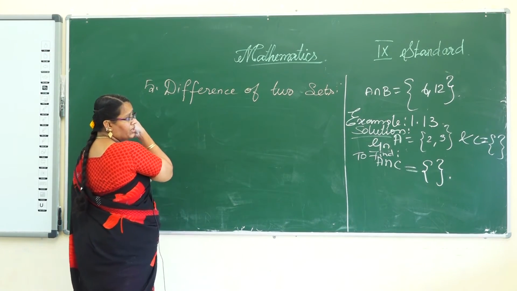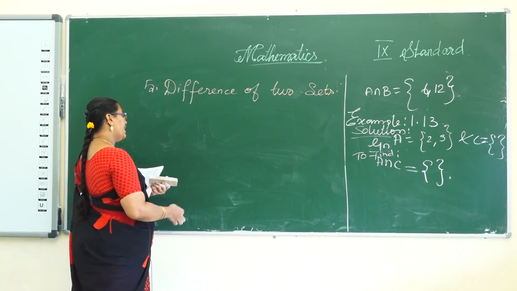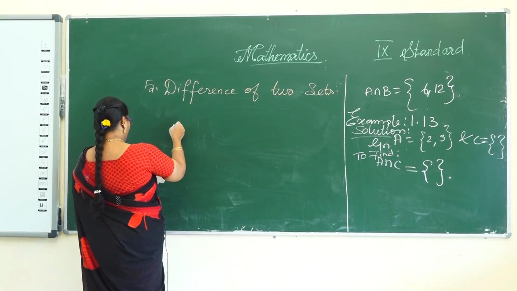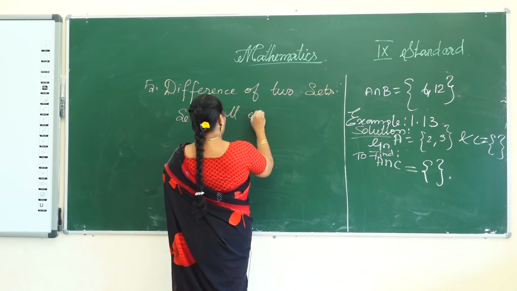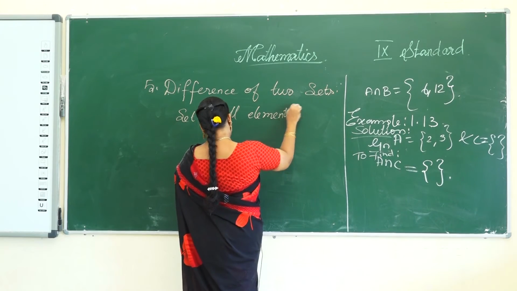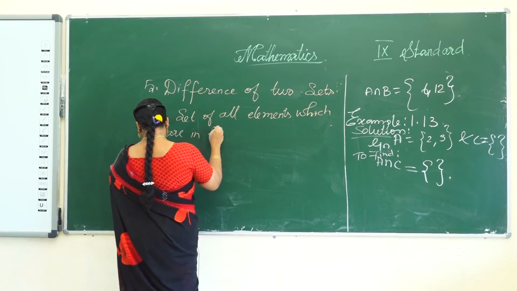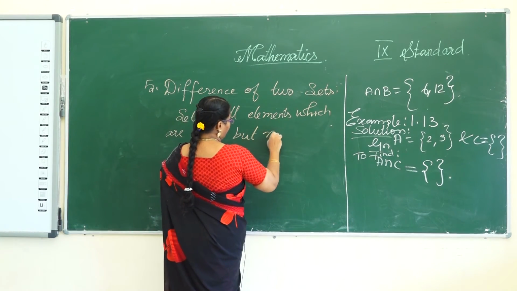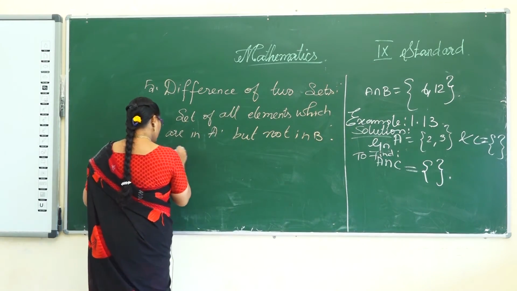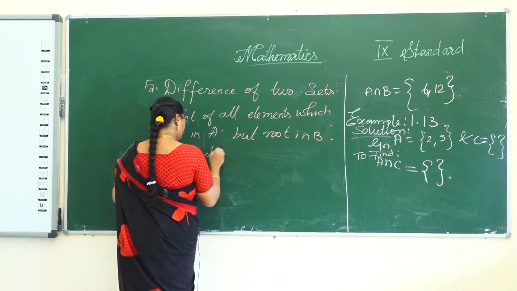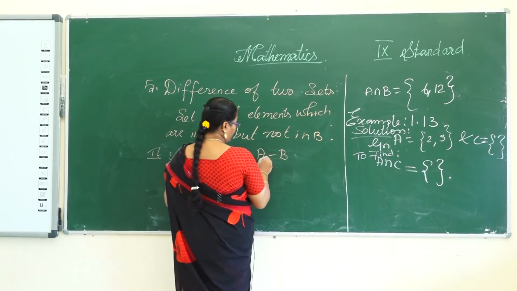How do you write the difference of sets? The difference of sets A and B is the set of all elements which are in A but not in B. It is denoted by A minus B. How do you read this?